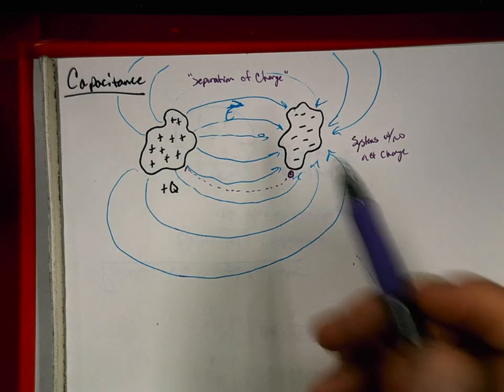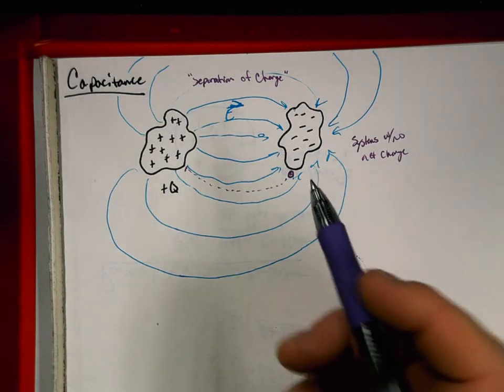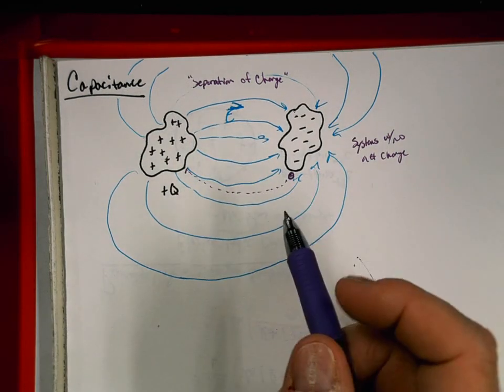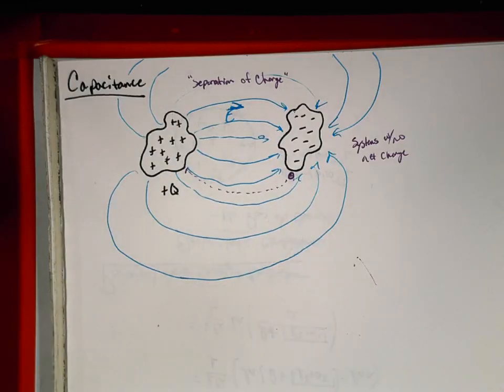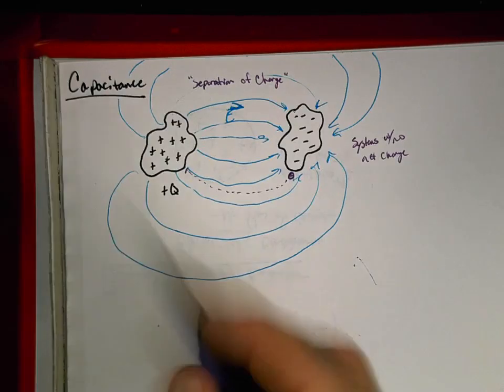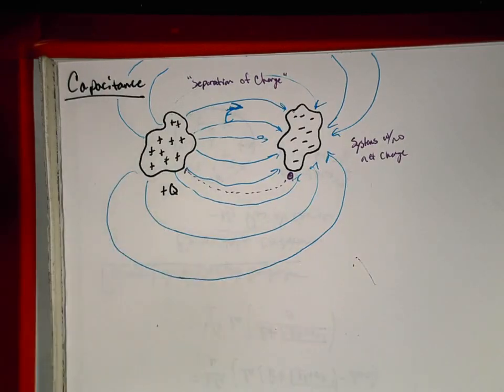All right, so here's how we define our capacitance. Okay, and it's related to our potential energy. In fact, it's what capacitance is. It's the ability for something to store an amount of electric potential. So our capacitance is going to be this.